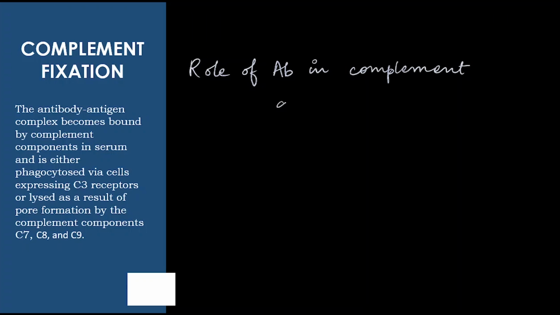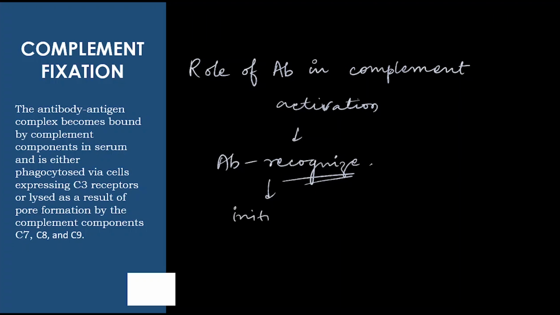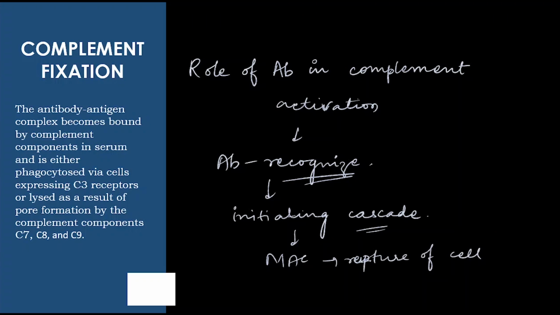In the classical pathway, it was the antibody which was recognizing the antigens, and only then was it initiating the complement cascade. And further the rupturing will occur. Further, the MAC complex will form and rupture of the cell membrane will happen. So that is the role of the antibody in complement activation.